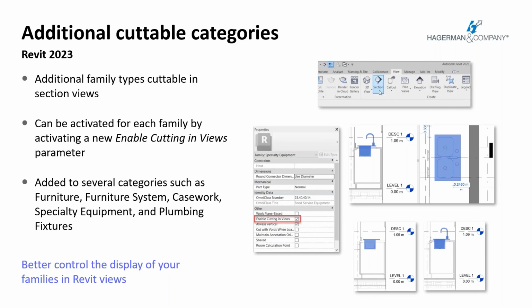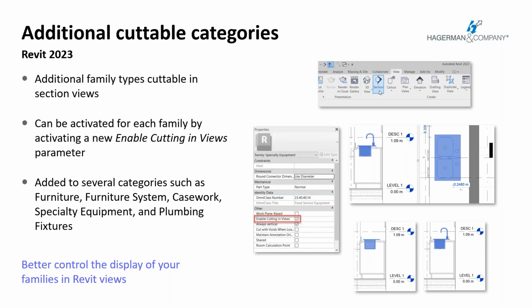However, a few Revit categories have not been cuttable in previous releases. These include furniture system, casework, specialty equipment, and plumbing fixtures. In Revit 23, cutting has been enabled for these categories.